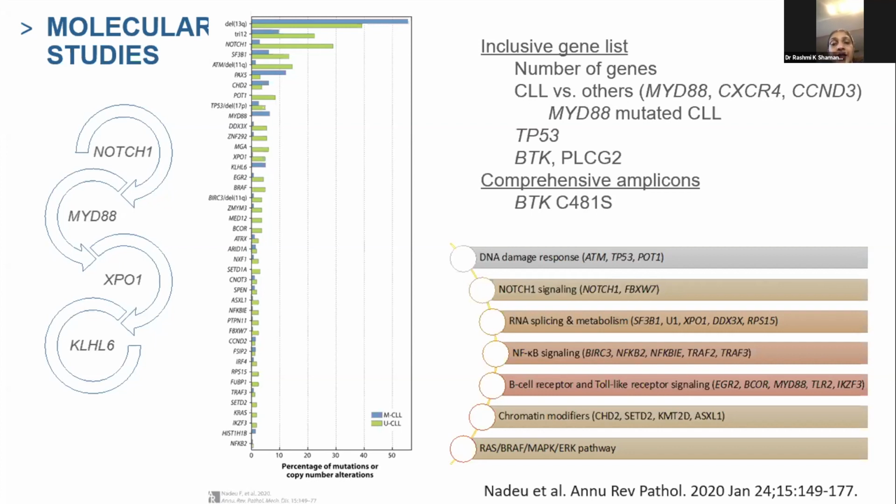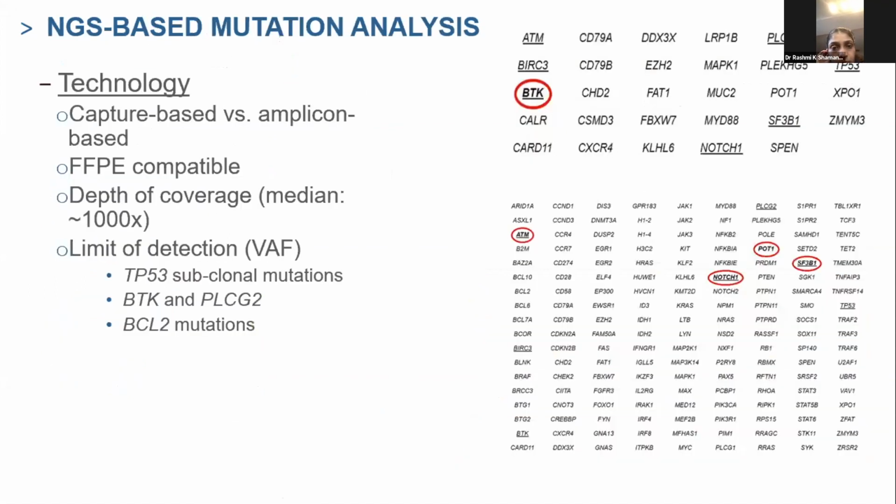For example, for BTK, the C481 codon is the hotspot mutation for resistance. We have to make sure the amplicon covers that region, and with sufficient coverage too. It should be at least 1000x or over to determine low level mutations. Next slide.